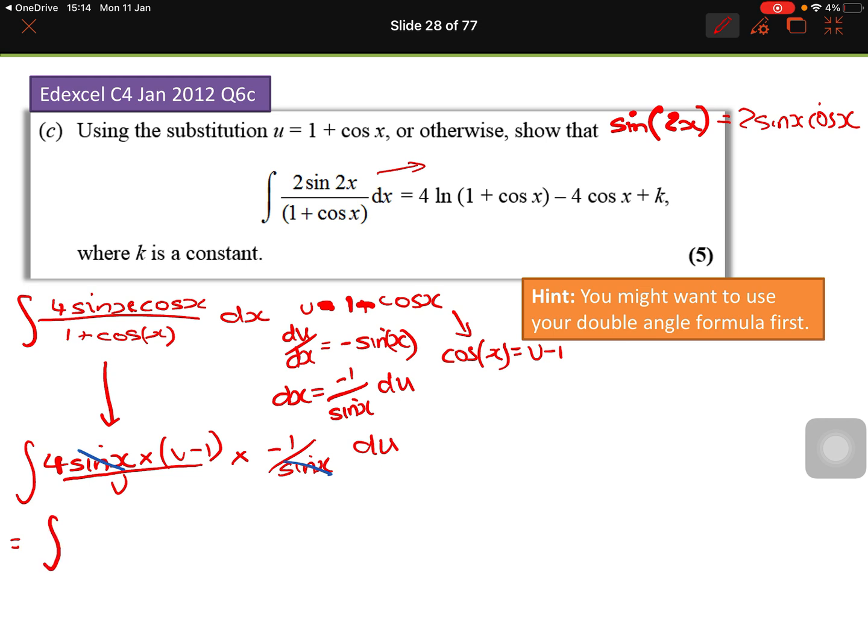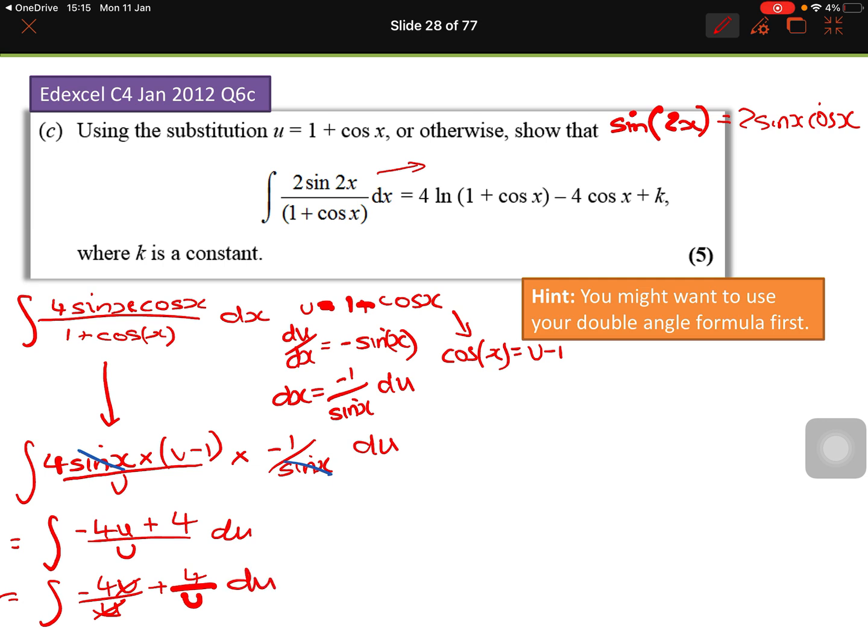So I'm going to have a negative 1 and the 4, so I'll end up with minus 4u plus 4, all over u. I'm going to separate these out into separate fractions. So I end up with minus 4 over u, and obviously the u's will cancel, so I just have minus 4 plus 4 over u du.